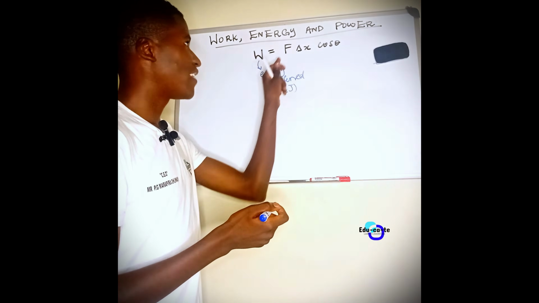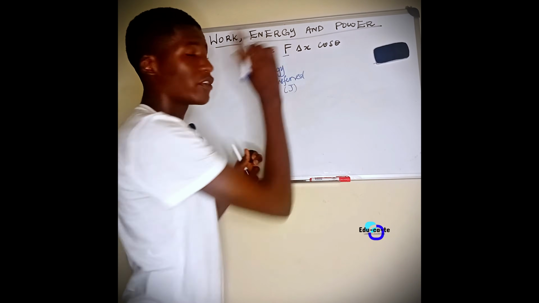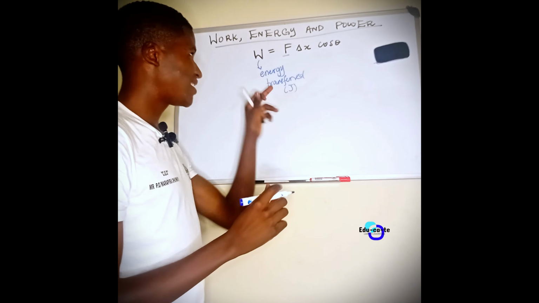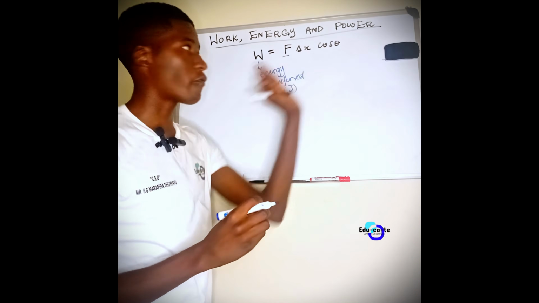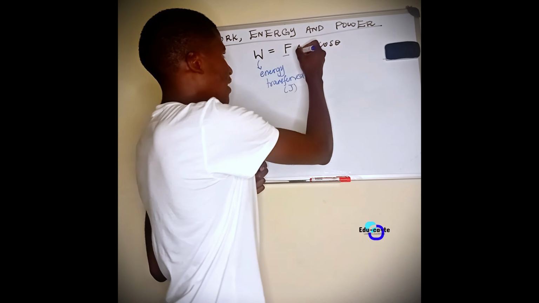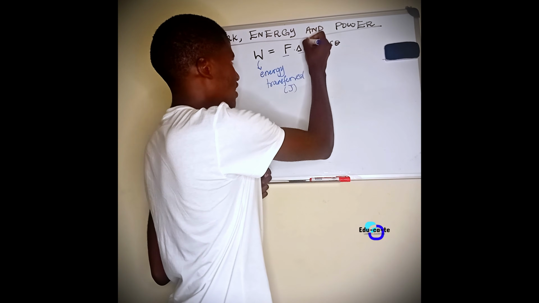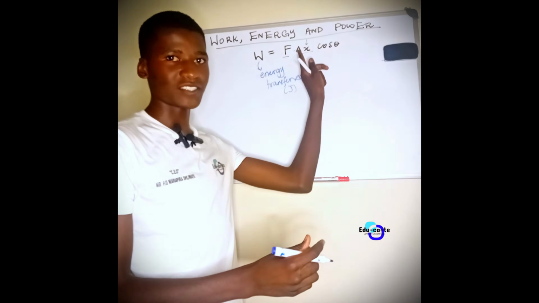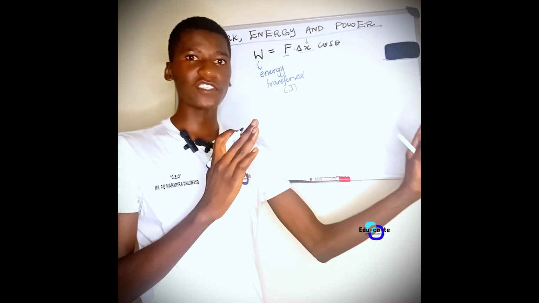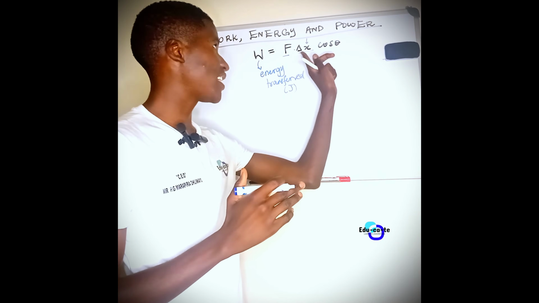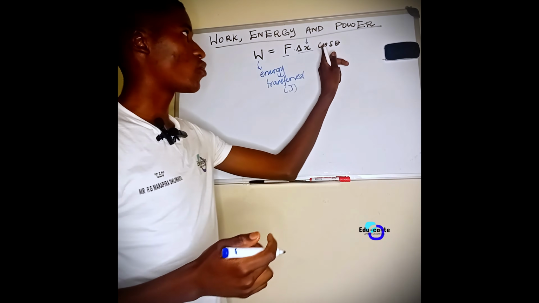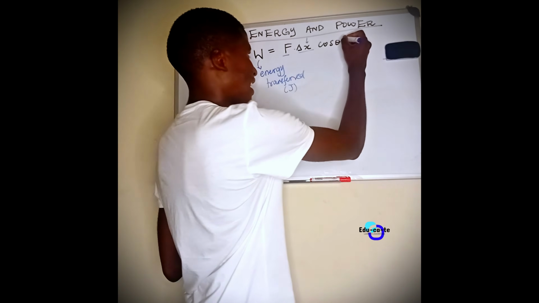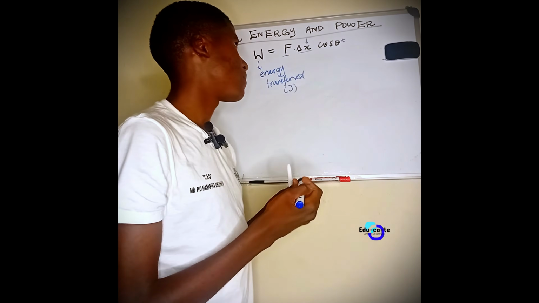So this force that you apply on an object transfers energy to the object so that it can move. And then we must also have delta x, which represents the displacement, to say that your object has moved due to this force. So you plug in your displacement to be able to find the work done. And then you have cos and theta. We'll discuss angle theta using an example.